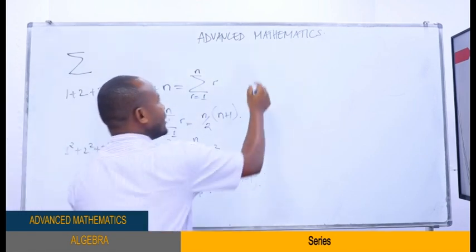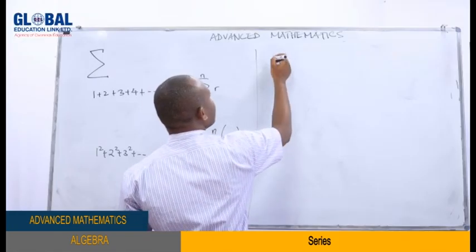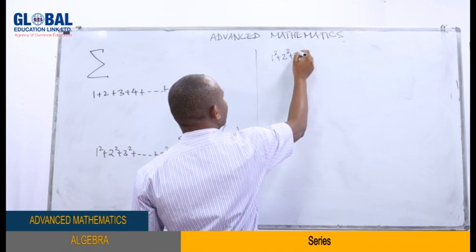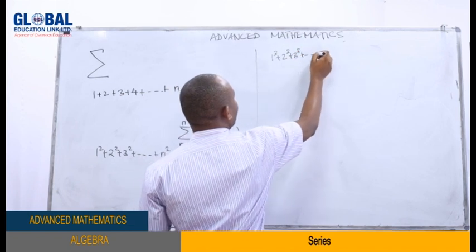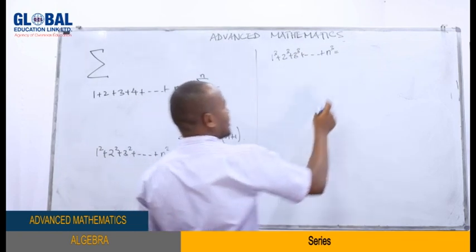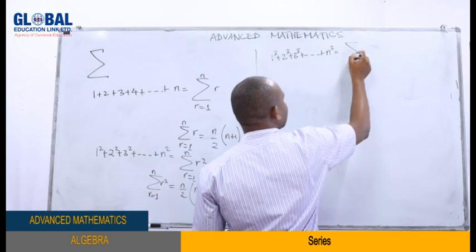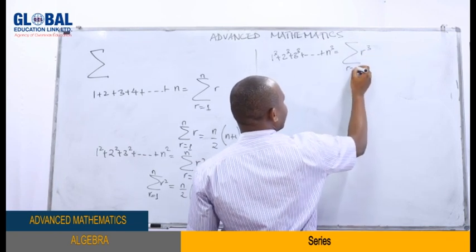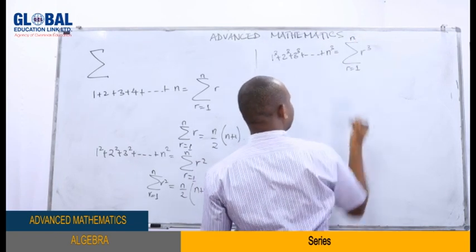And when the terms are the first n cubic terms, in sigma notation form, it is written like this: r cubed when r is equal to 1 to n.